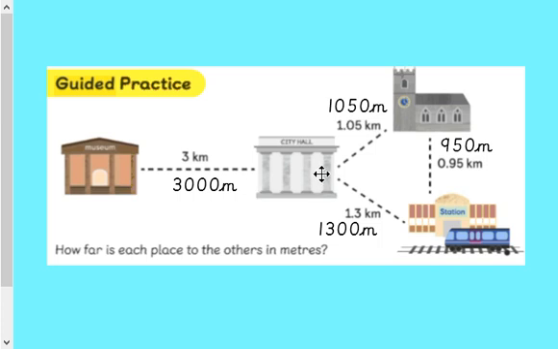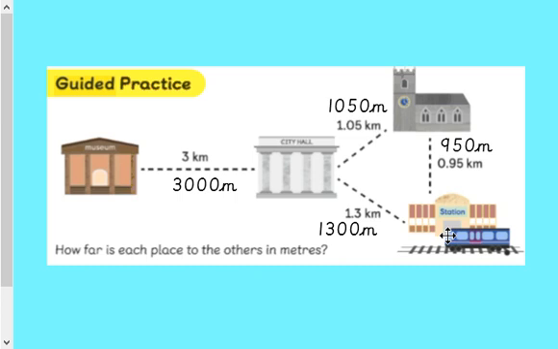And the distance between City Hall and the station is 1.3 kilometers. Well, again, we know that there are 1,000 meters in a kilometer, and 0.3 of a kilometer is 300 meters. So it will be 1,300 meters. Again, there's a link between the digits here. 1.3 there, 1 and the 3, and you've got 1 and 3 there.